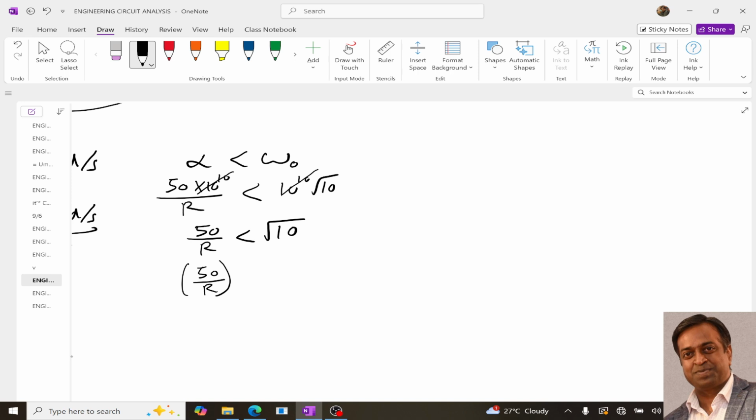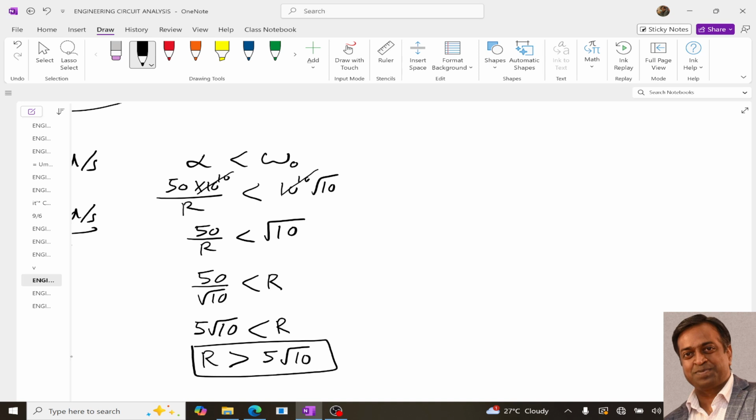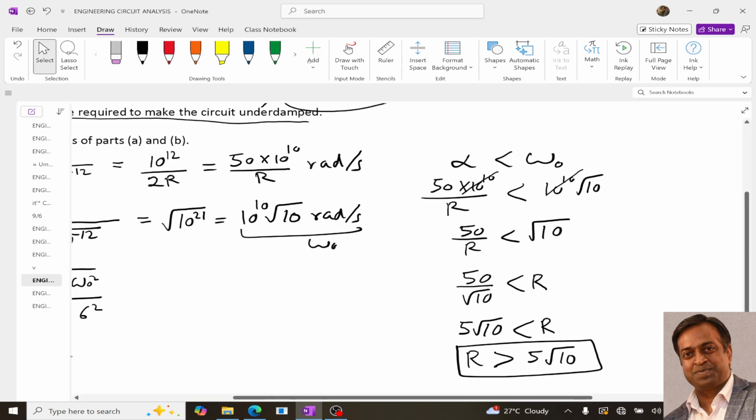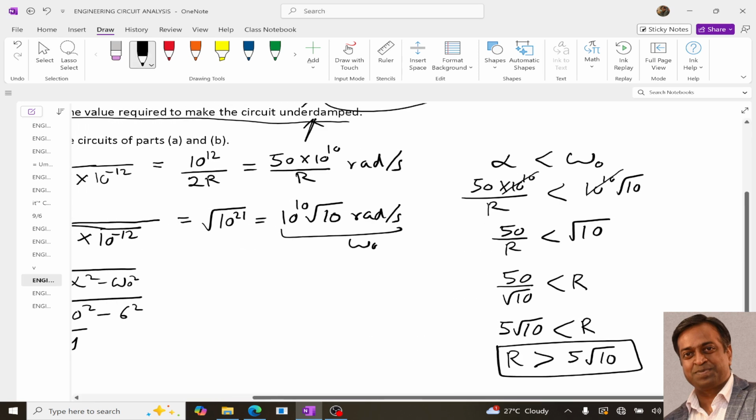Simply we can determine R as 50 upon root 10 is less than R. Or we can write that R is greater than 5 root 10. So this is the condition, like if the value of R is greater than 5 root 10, then only our circuit will be underdamped, right?